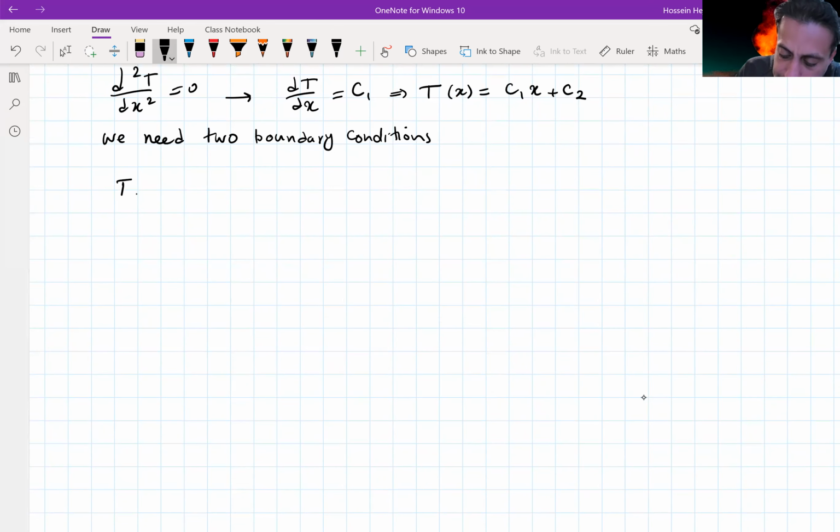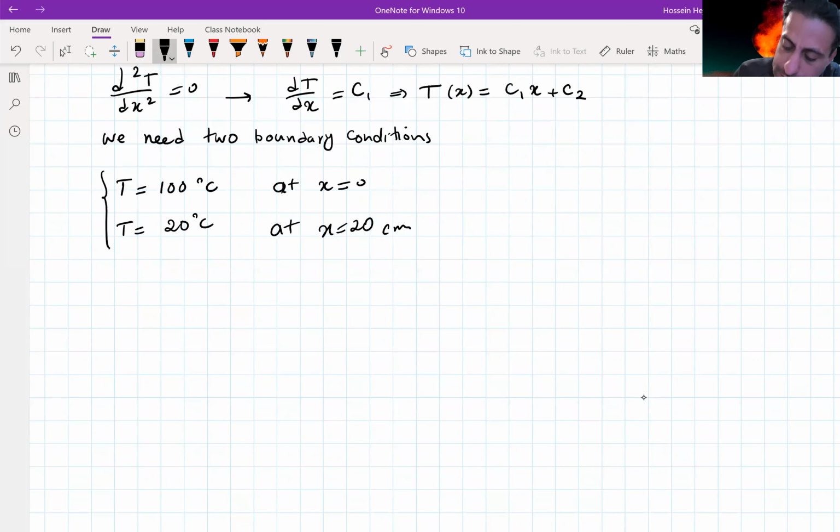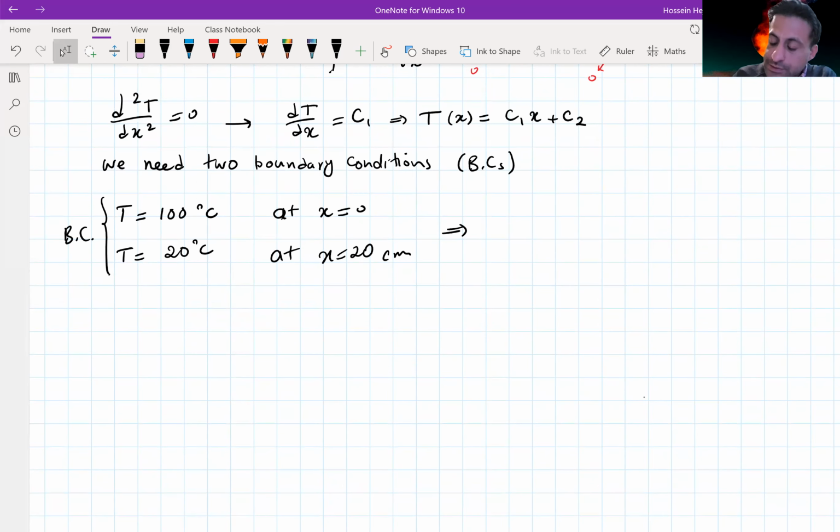We know that T is equal to 100 degrees C at x equal to 0, and T is equal to 20 degrees C at x equal to 20 centimeters. If we implement these boundary conditions at x equal to 0, T is 100, so that gives you C2 equal to 100.